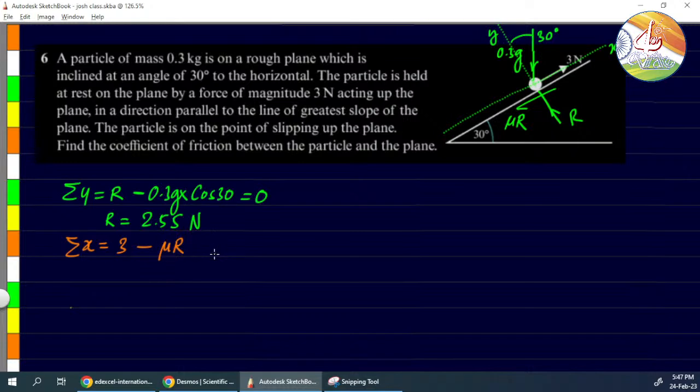Are there any other x components? Will 0.3 g have an x component? Yes. The y component we have taken, and the x component will also be there. So what will be the x component? 0.3 g sine or cos?